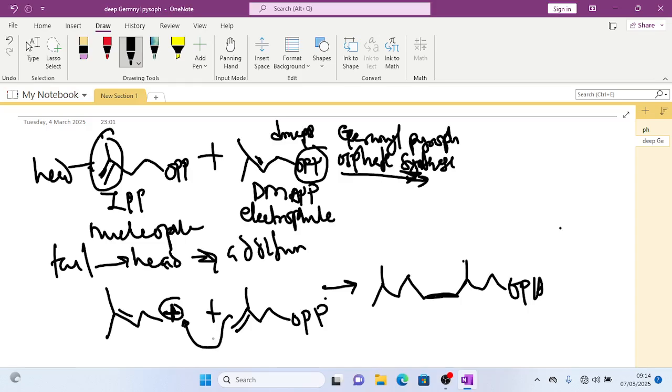I'm trying to check out something. The product is supposed to have 10 carbons. So let me clarify this. This is 1, 2, 3, 4, 5, 6, 7, 8, 9, 10. This is 11. So something is wrong. Let me review this.